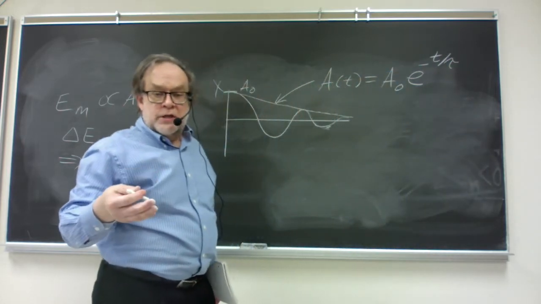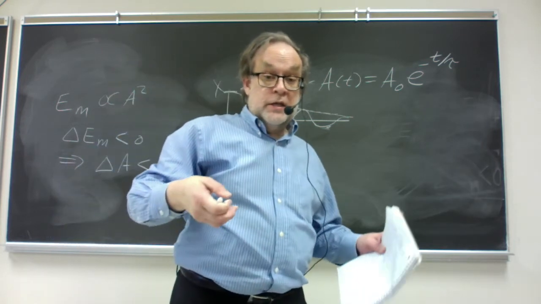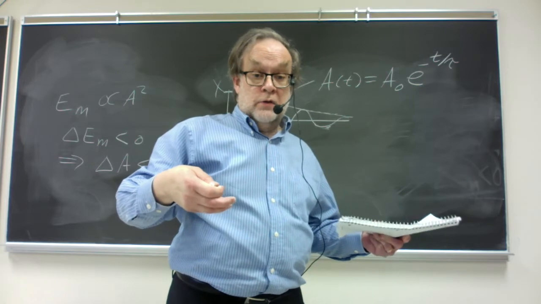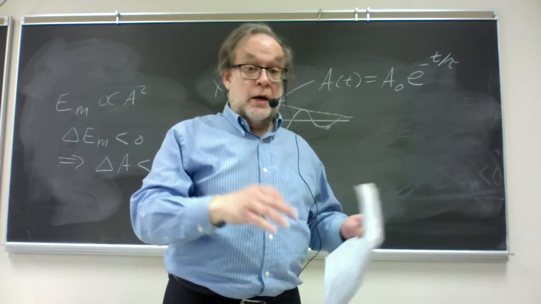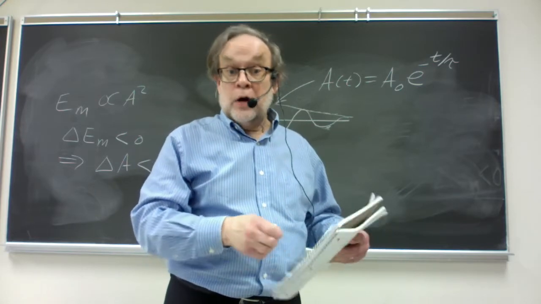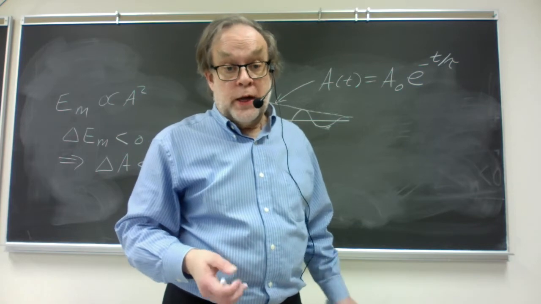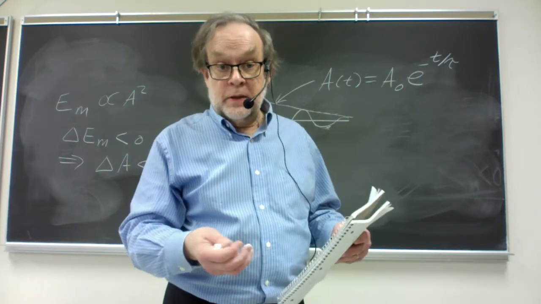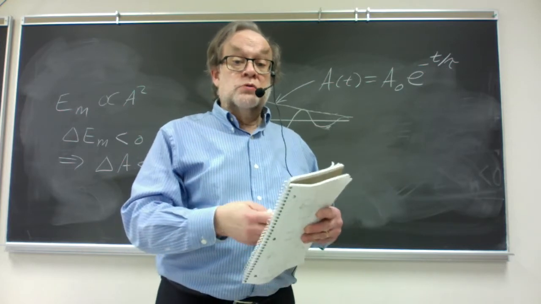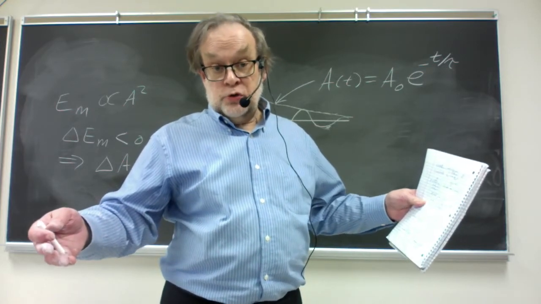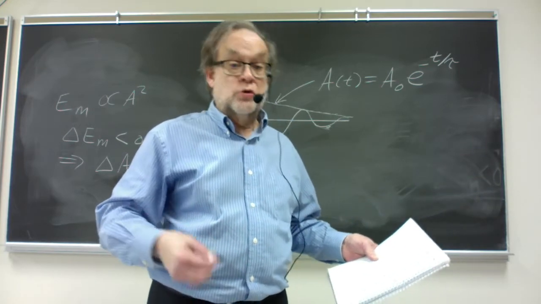Tau is a length of time called the time constant, and as described in the book, it's a good way of indicating how strong the damping is or how weak the damping is, how quickly the amplitude would fade away in a strong damping condition or strong friction, or how slowly the amplitude would fade away in a so-called weak damping situation, weak friction.